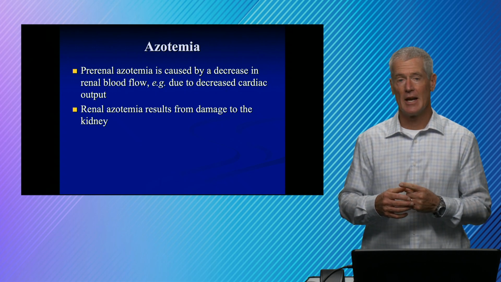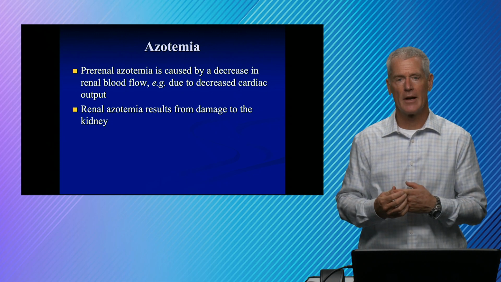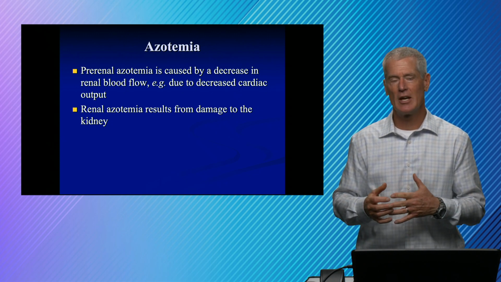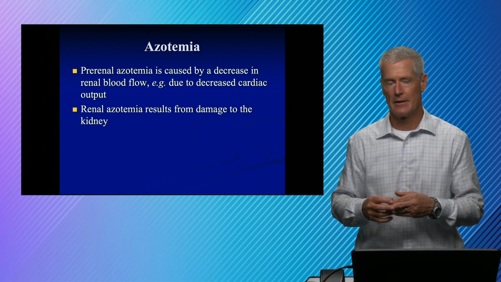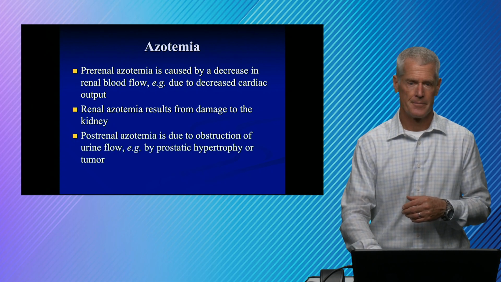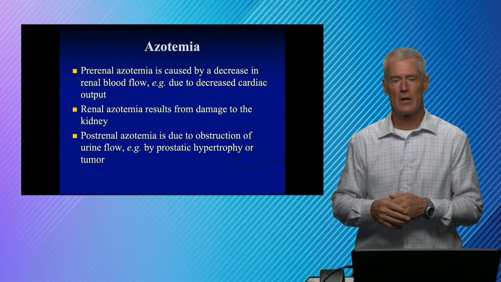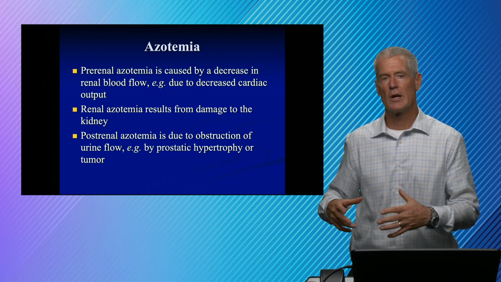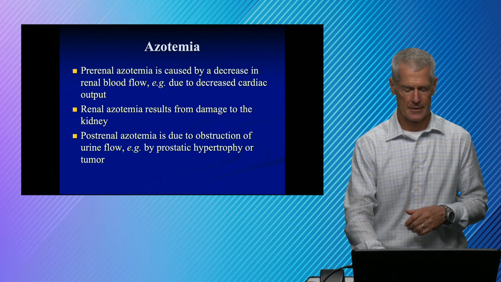But you can differentiate it by looking at the creatinine. So in the cases of prerenal azotemia, your creatinine typically stays in the normalish range, whereas in renal azotemia, your creatinine is elevated, along with your SUN to creatinine ratio. Postrenal azotemia is if you're blocking urine flow, you're going to reabsorb urea, you get azotemia because of that.